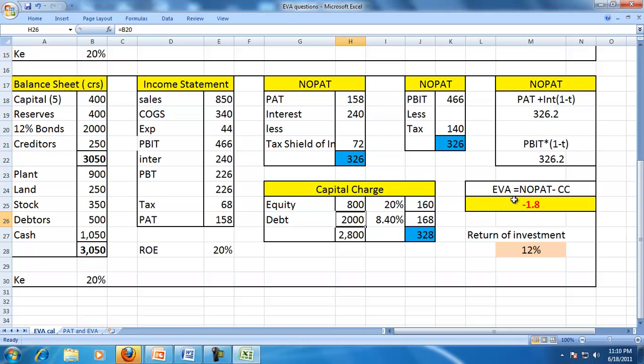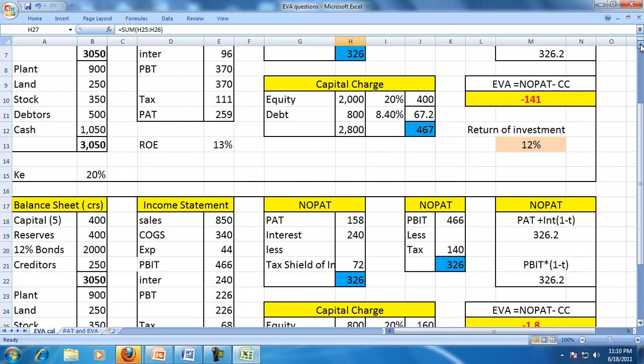So if you see that, in this case the EVA has improved. The EVA has improved not because the NOPAT has improved, NOPAT is same, but the capital charge has changed. But the capital charge has changed not because the cost has changed, the capital charge has changed because the composition of the debt equity has changed, keeping the total capital employed constant.